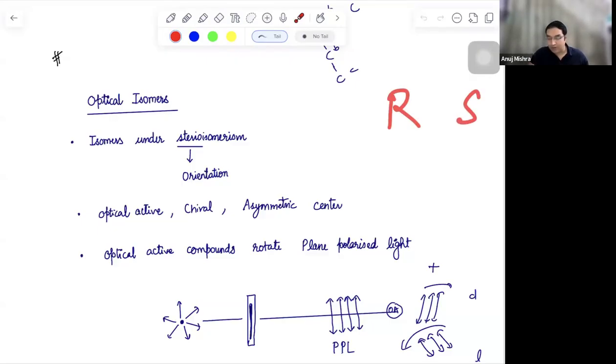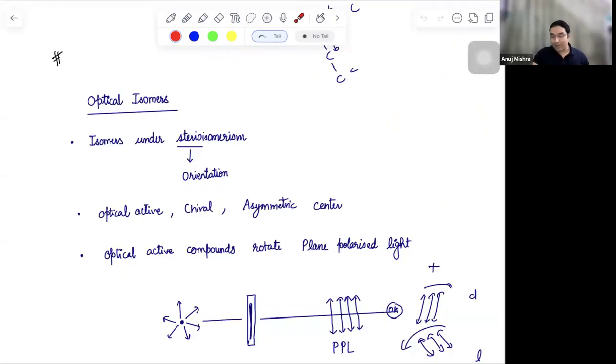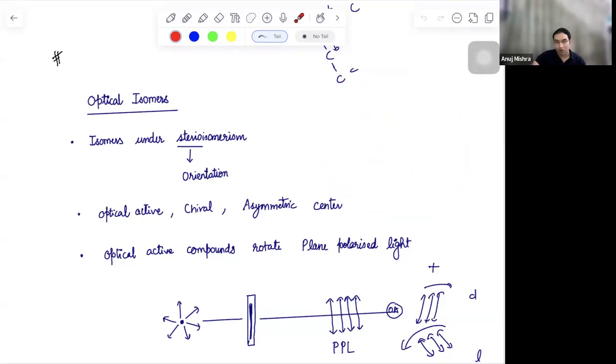If there is just one carbon, then the same will be plus and minus. But if there are more carbons, you have to see. There can be 2R and 1S, but 1S can be very strong. So the overall thing can become negative. Or maybe 2R are stronger than S. Then overall thing is positive. So based on that, you can decide the overall behavior of the compound. Make sense or not? Each carbon wise and overall structure's value.